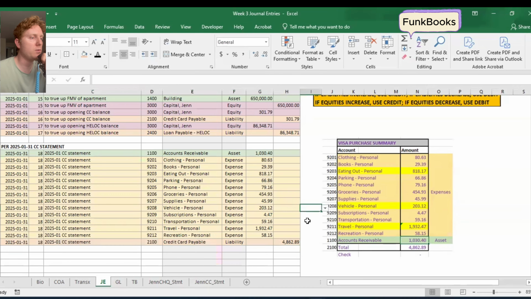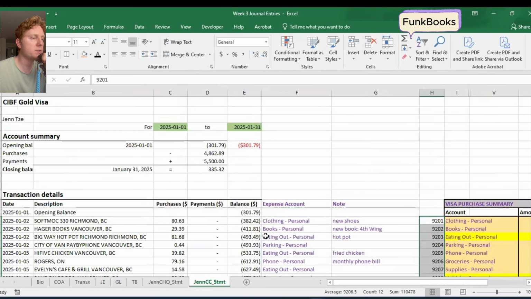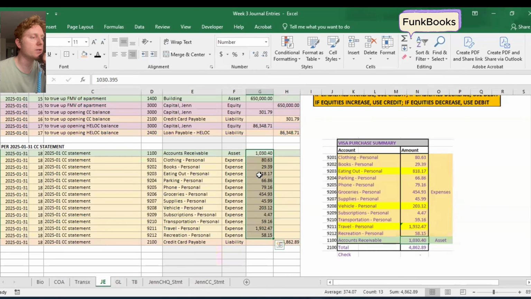Okay, so this was saying we purchased, or I guess all of these amounts is 4,862.89 on our credit card. If you go back, I remember we looked at this, there's the 4,862 of purchases, right? So all of that becomes a payable. That's why on the journal entries, we increase the expenses, so we debit all the expenses. We debit the asset because the asset's also increasing for the amount that the friends owe for their portion of the trip.